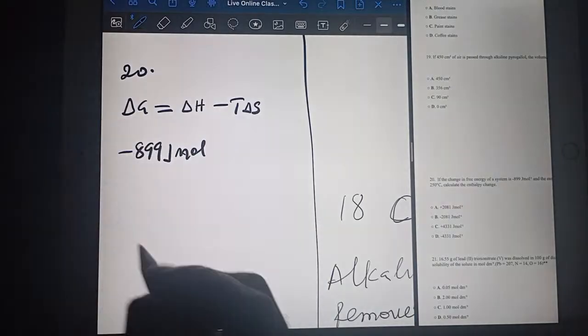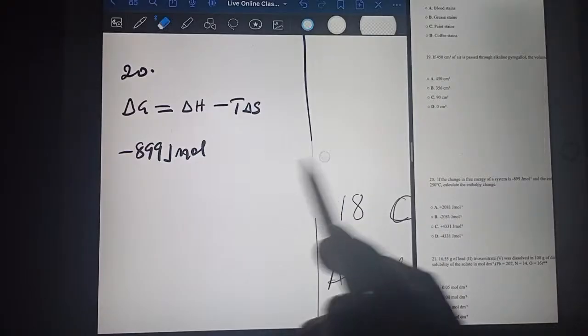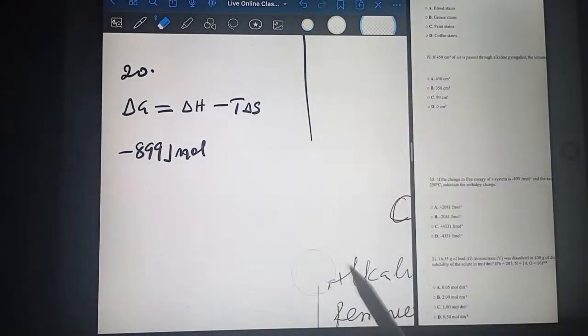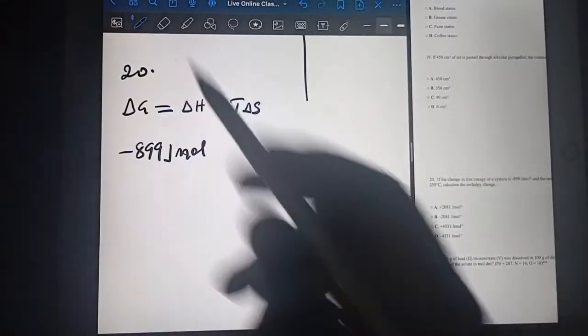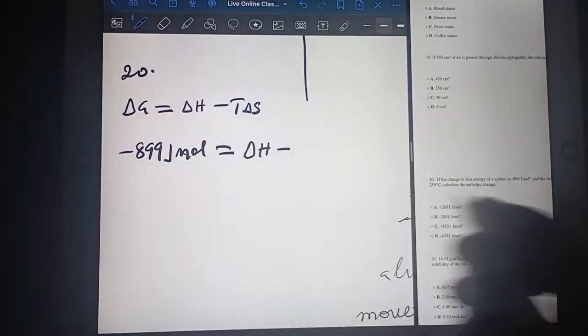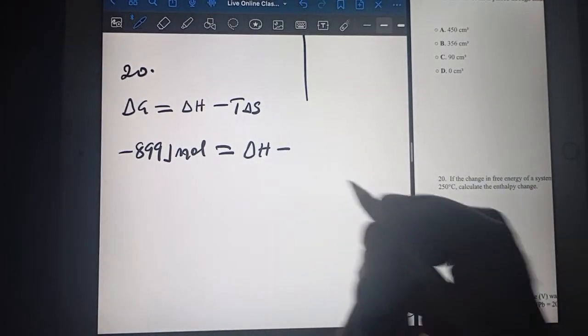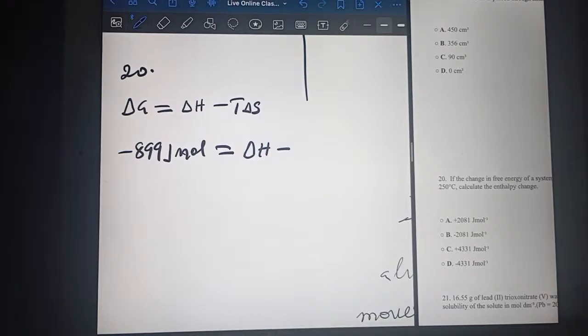So we replace the change in free energy as minus 899, which is now equal to heat change minus, they gave us temperature, which is 250, and it is in degrees. We have to change it to Kelvin.